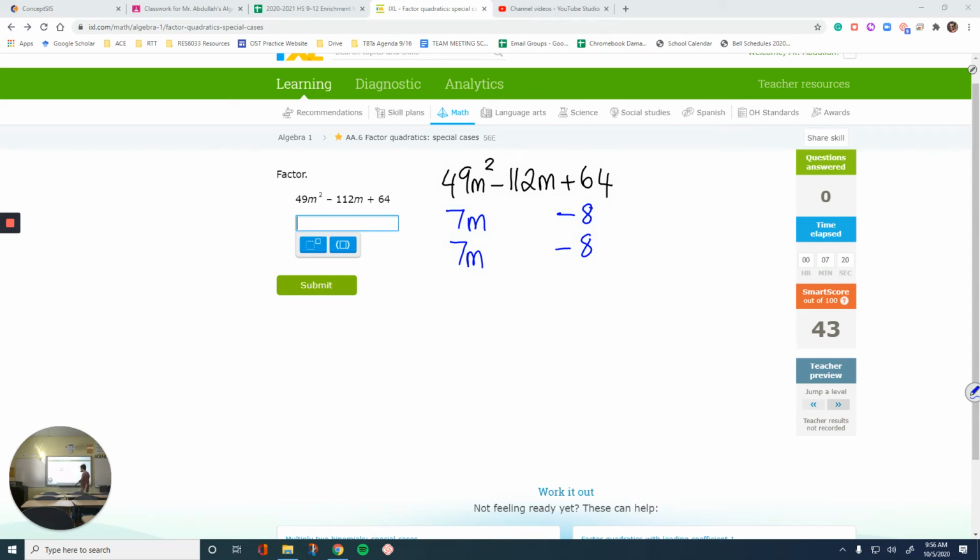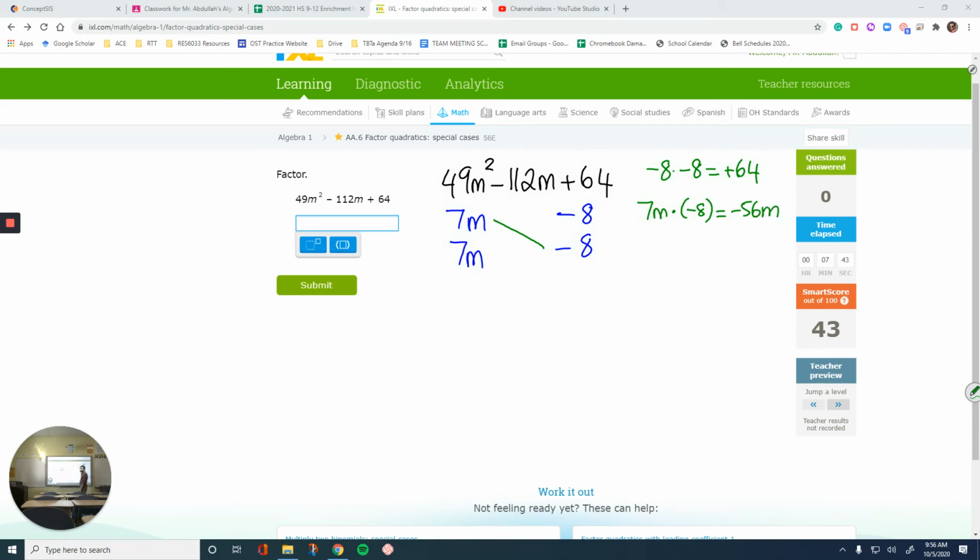So let's do it this way now. I want to first test the product of these two numbers and make sure that it gives me positive 64, which works perfectly fine. Now let's do the cross multiplication. 7 times 7m times negative 8. That's negative 56m.